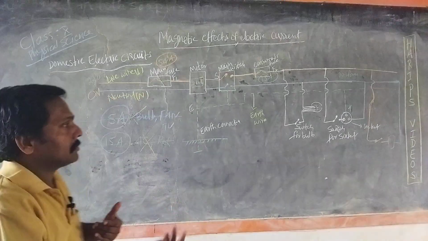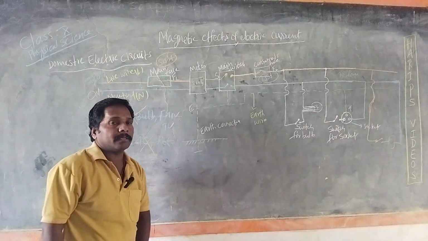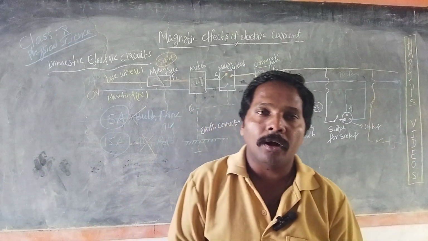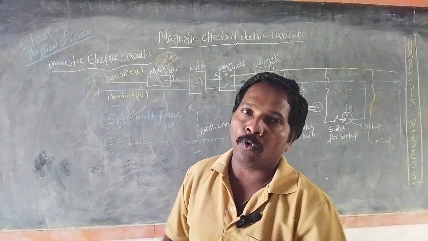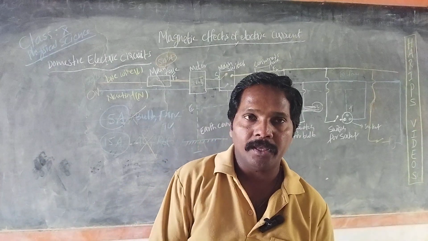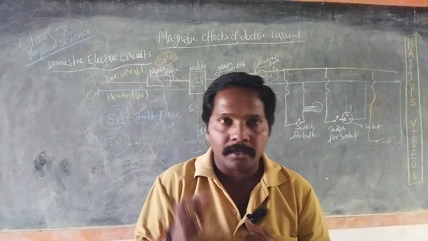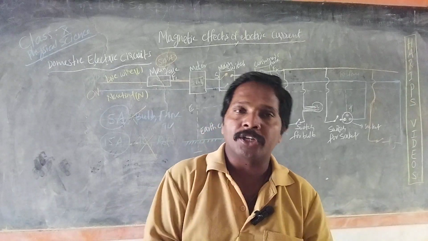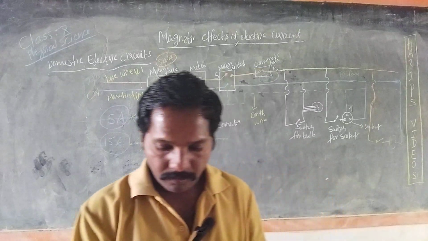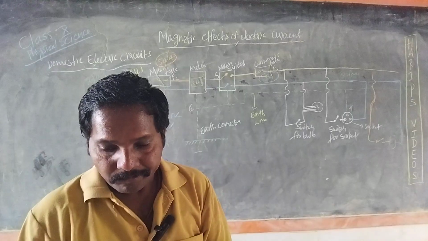The wire which connects to the ground, you can call the earth wire. This earth wire is connected to the ground near our house, or near the electric poles. So earthing protects us from electric shock. So this is about the earthing.